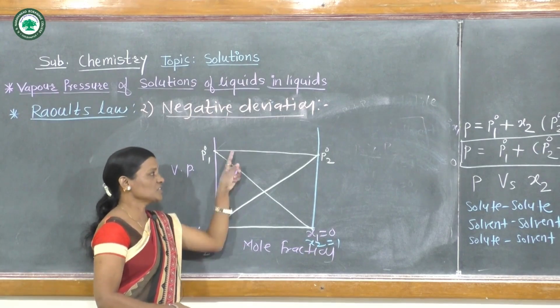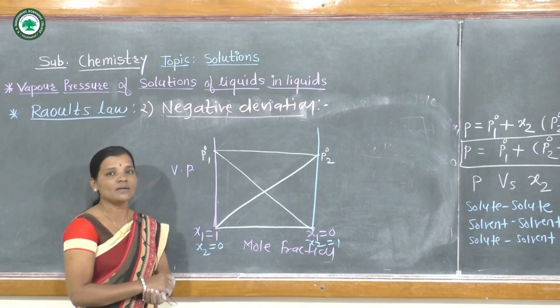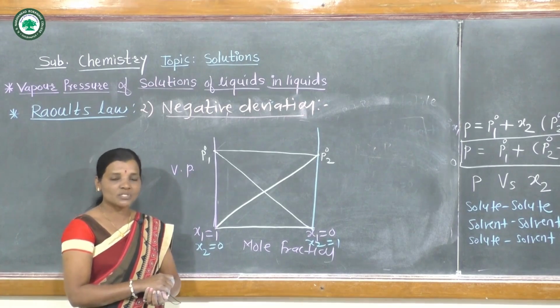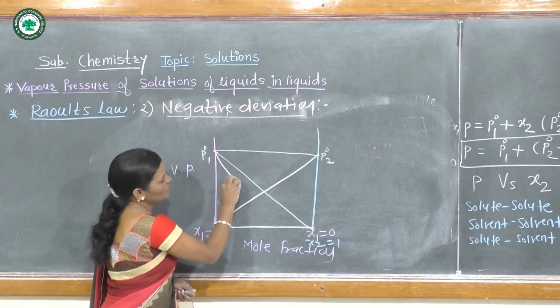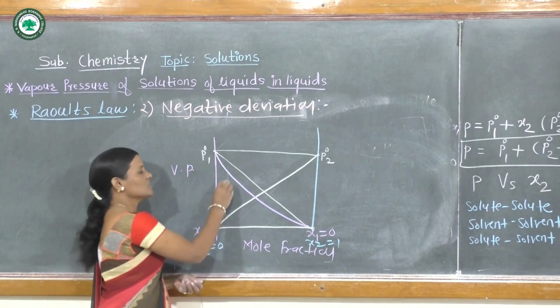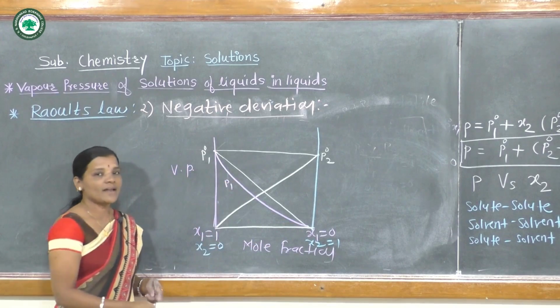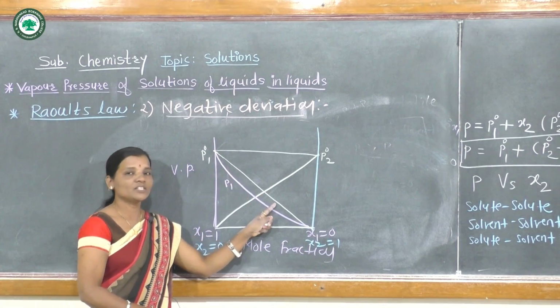These straight lines are for the ideal solution. Now when the solution shows negative deviation, the curve obtained for the partial pressure of the first component P1 lies exactly below the straight line for the ideal solution.